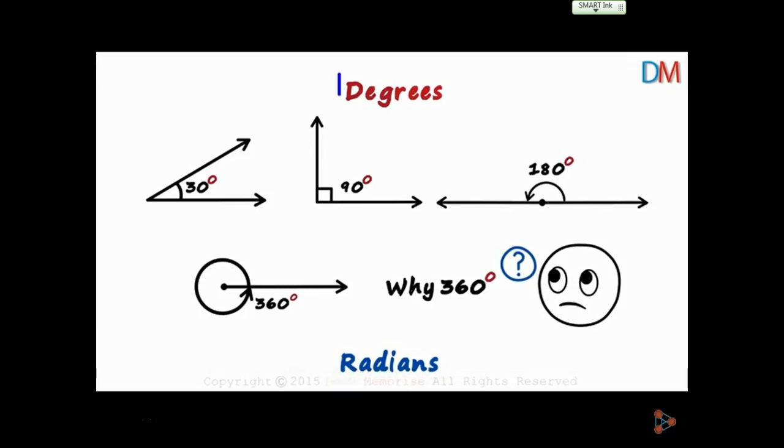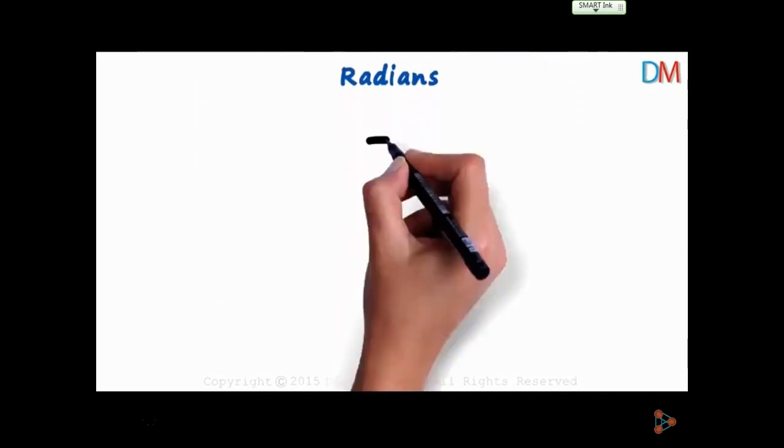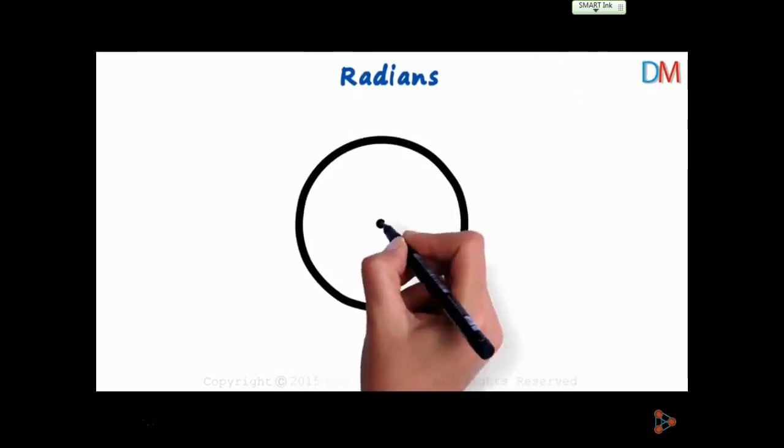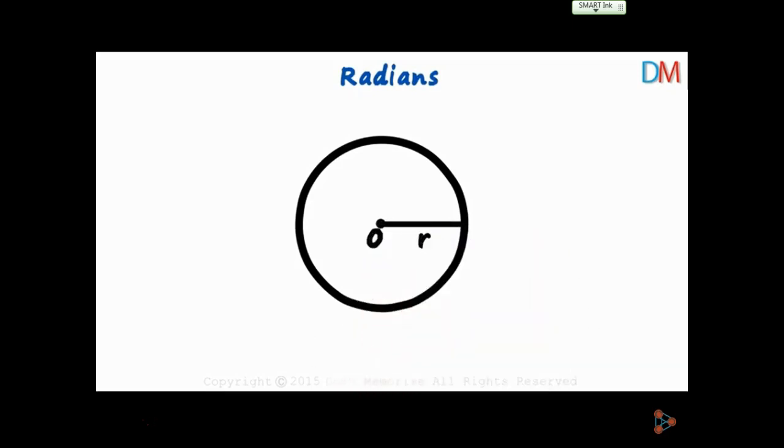Most people know how to convert from degrees to radians and vice versa, but it ends there. To understand what radians mean, let's draw a circle. Let point O be its center and length R be its radius. Now let me take this length R and place it here at this point. Now all I do is push it onto the circumference of the circle. The length of this red part is still R, it has just become curved and that's all.